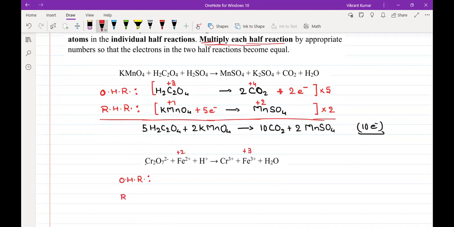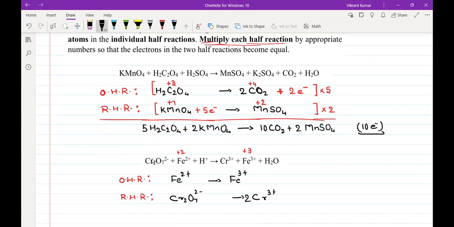So in the OHR we were already having Fe2+ giving Fe3+, and Fe was already balanced. And in the second step, the RHR, we were having this giving Cr3+, but here we put 2 to balance the chromium, which was the functional element.